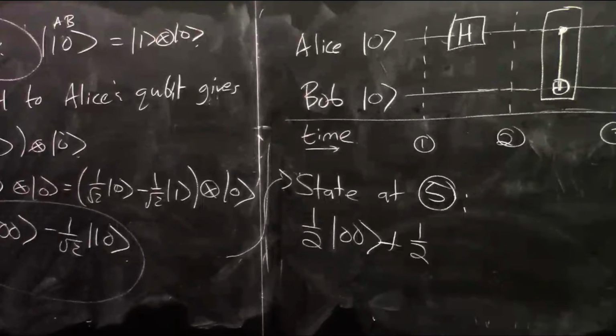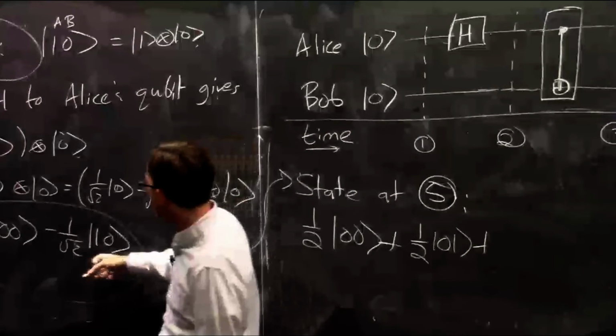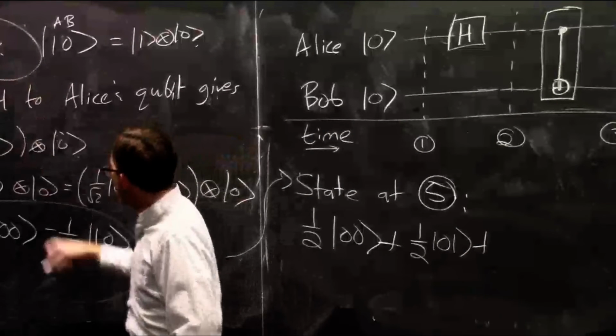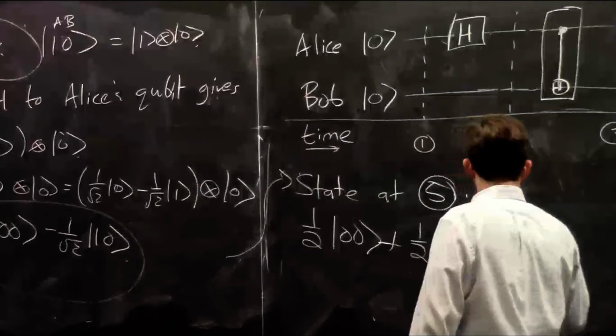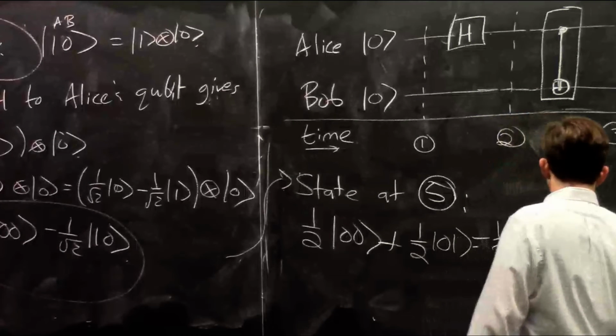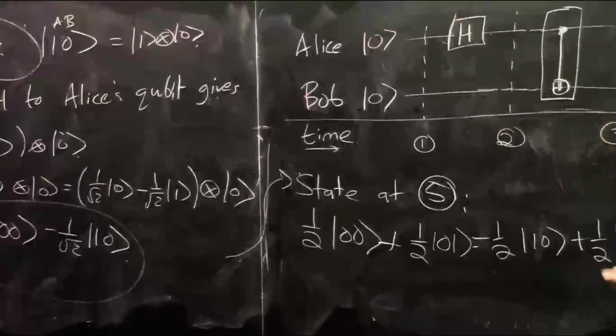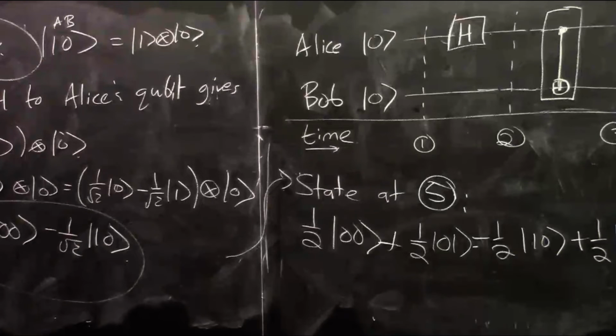Okay, where was I? You get a half times 0 1. Okay, how much 1 0 did I get? I got the product of these two, so negative a half, actually. And I think it's this, a half, 1 1. Okay, so that's the final answer for what happens when you take this state and you do a Hadamard gate to the first qubit.